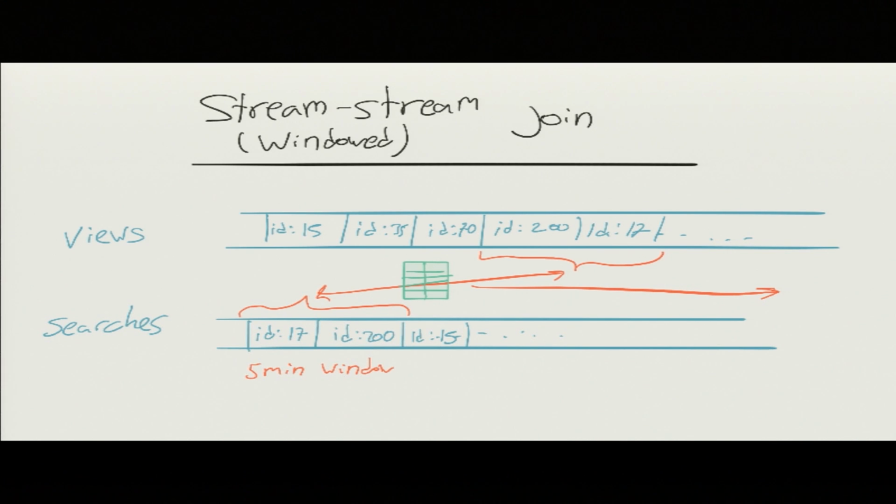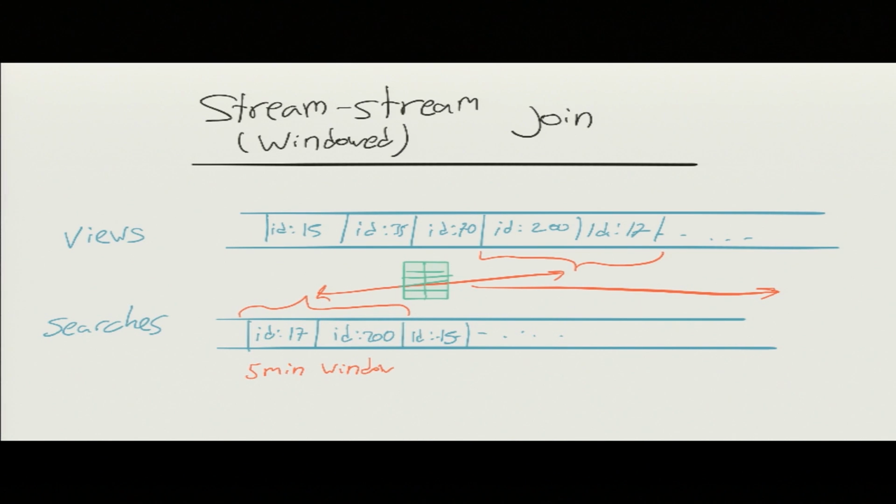Basically, if the click happened within maybe 10 seconds of the search, we think that they're related. If it happens half an hour later, probably a totally unrelated click. So we keep this window of time on each of those streams. We turn each of those windows into a hash table, right? User and clicks kind of thing.